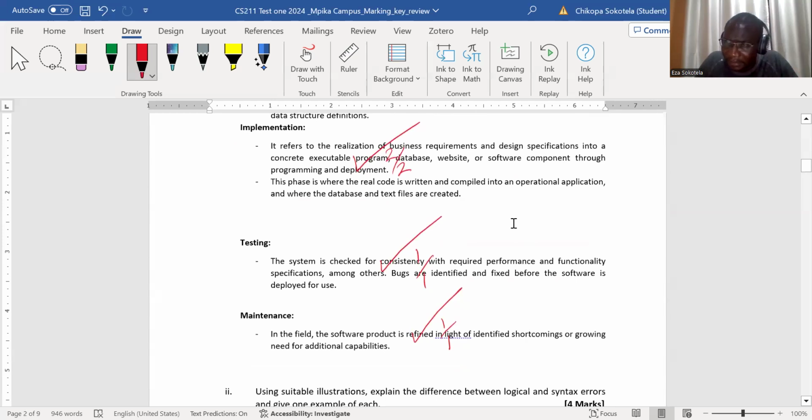Testing, you are checking whether the software does what you want or what you intended earlier. Many of you said testing, this is the stage where the program is tested, and so on and so forth.